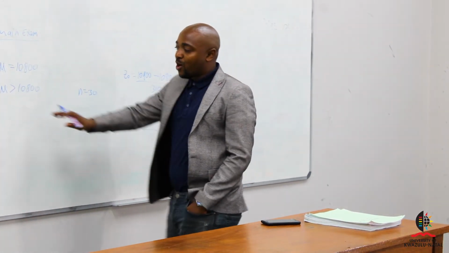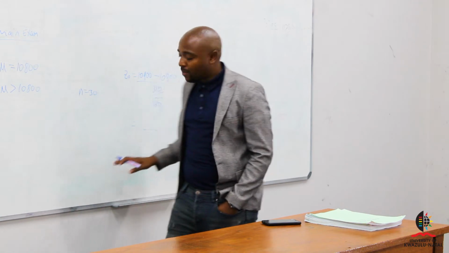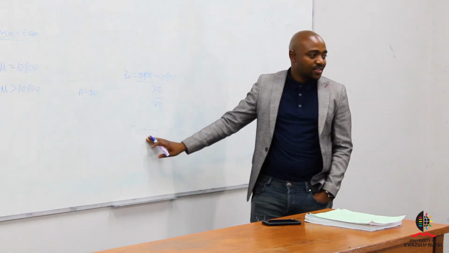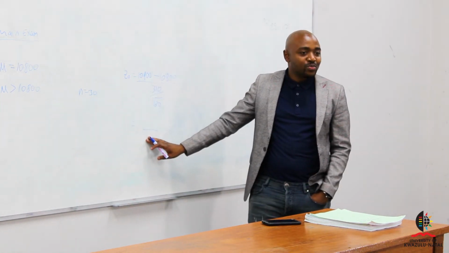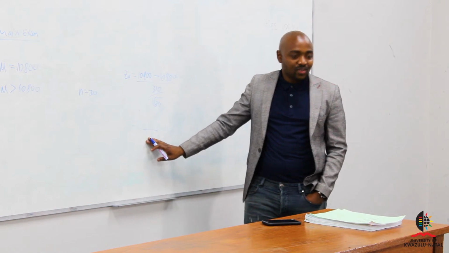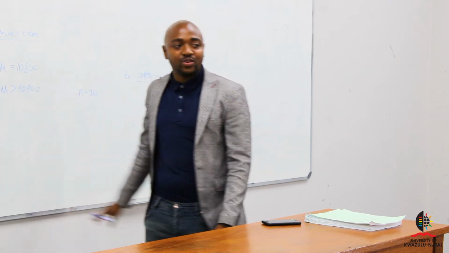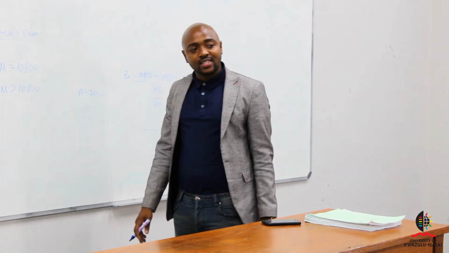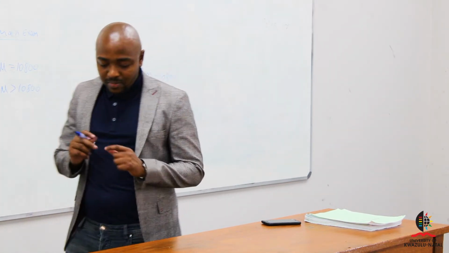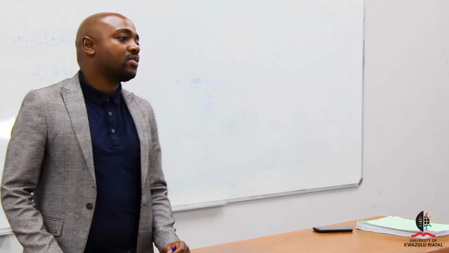Right. Now from this, what do you assume about your test statistic? It needs to be positive. Okay. So if you have a greater than here and you calculate a test statistic which is negative, it means you're missing something out.